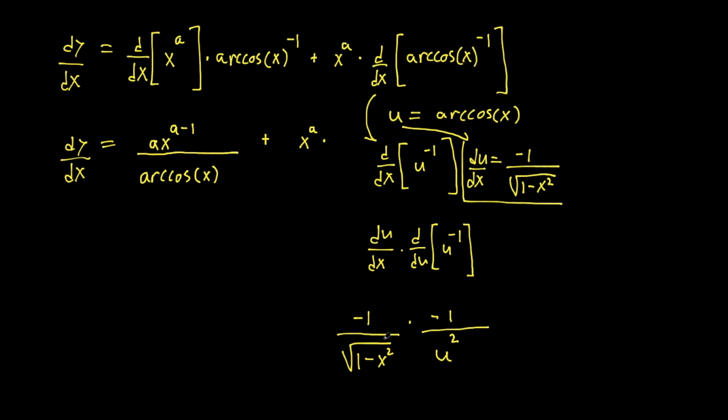Looks like these negative 1s are going to cancel out, so let's just get rid of both of them. And while we're at it, let's undo this arc cosine of x u substitution. So we have arc cosine of x squared.